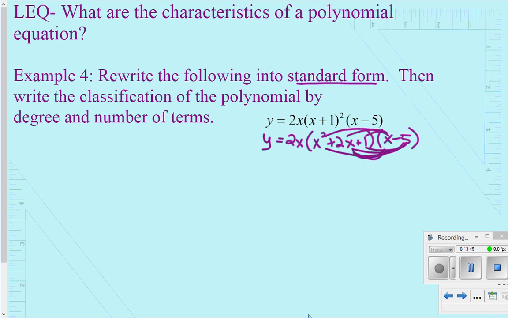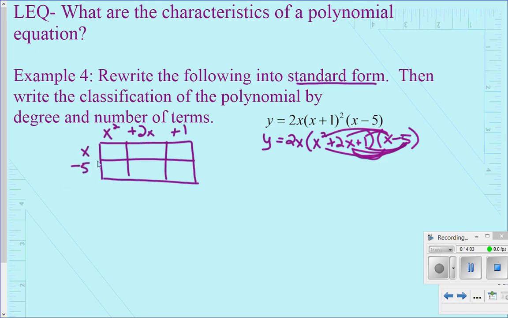If that's confusing for you or you think you're going to forget something, remember a generic rectangle is always an option. I'm making a 3 by 2 generic rectangle because I have a trinomial and a binomial that I'm multiplying. So x squared plus 2x plus 1 times x minus 5.